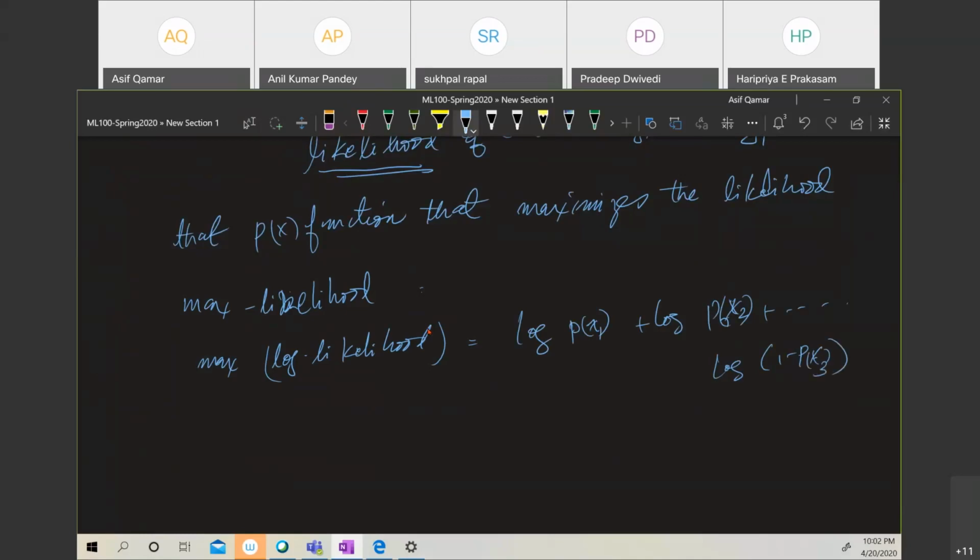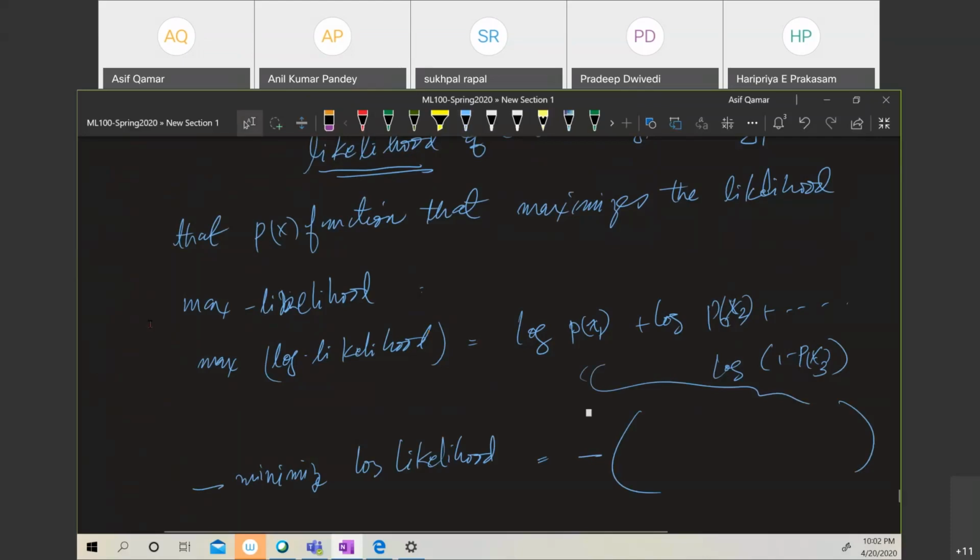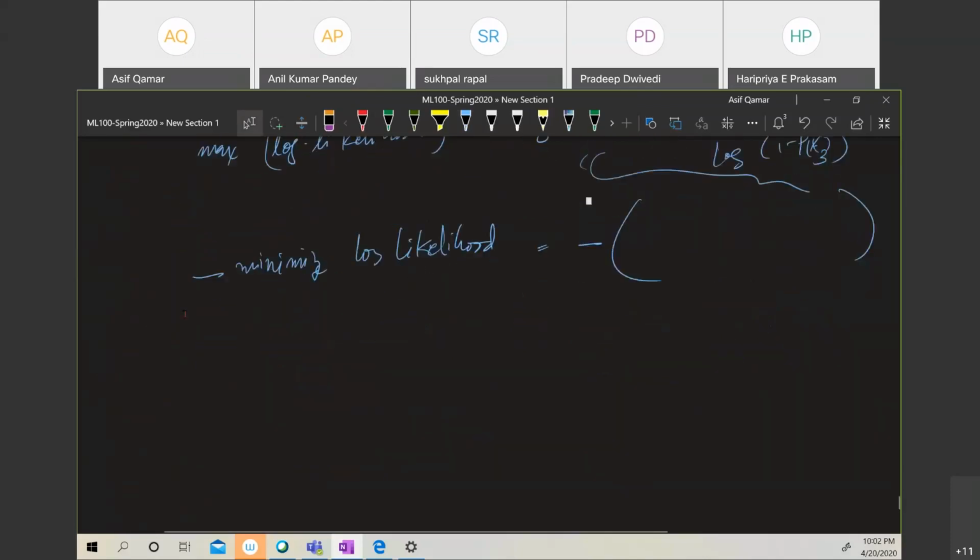And now you say that you have to maximize this. Well, maximizing this is the same as minimizing the negative of this. So minimize the negative log likelihood, which is equal to minus of all of these things. Now we have a minimization problem. And the moment we have a minimization problem, this is essentially the loss function for our classifiers.